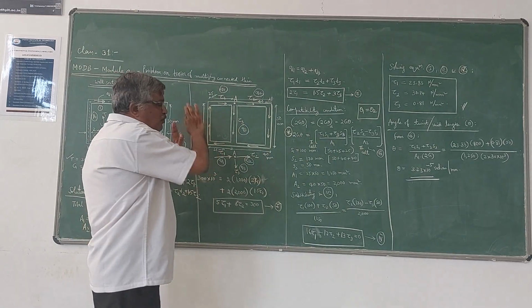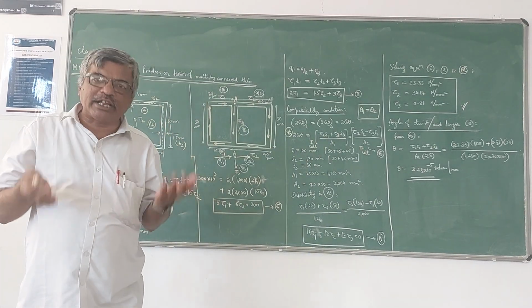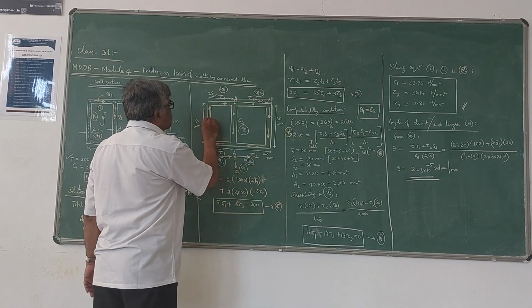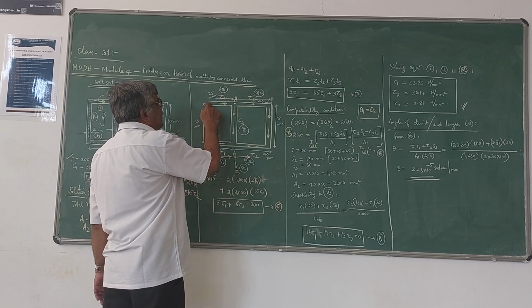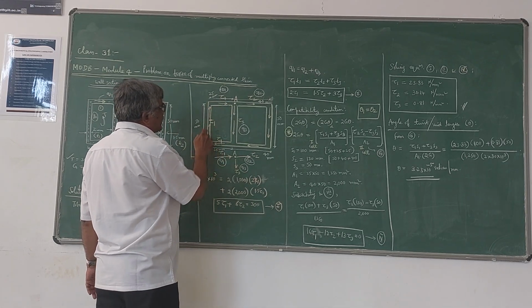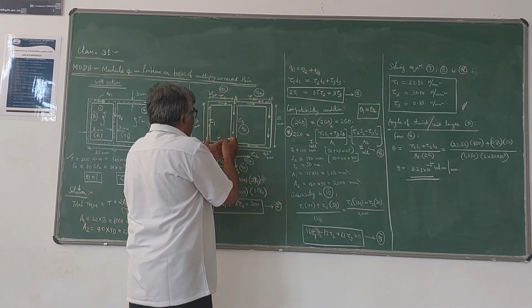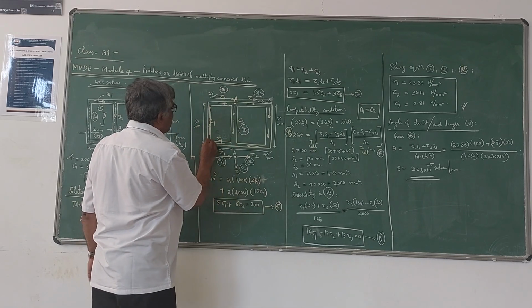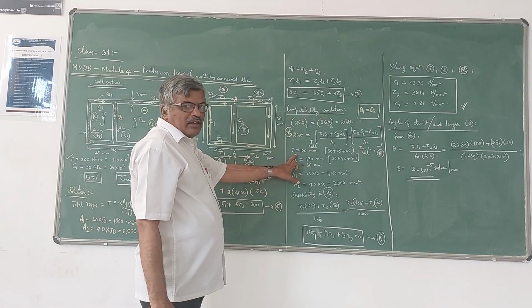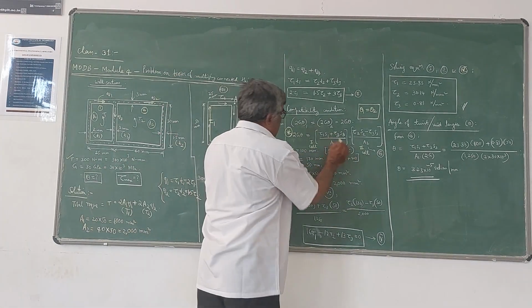S1 is the length of flow over which tau 1 takes place. So this is tau 1, this is also tau 1, this is also tau 1. So tau 1 will be there here, here, and here, except this middle red portion. So this 25 mm, 50 mm, 25 mm, that is your S1. So that is 50 plus 25 plus 25.